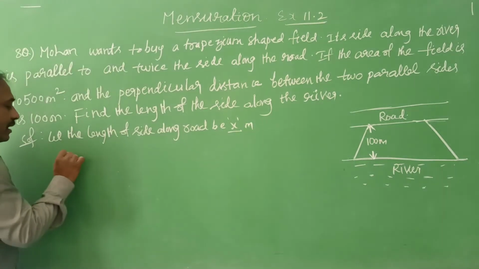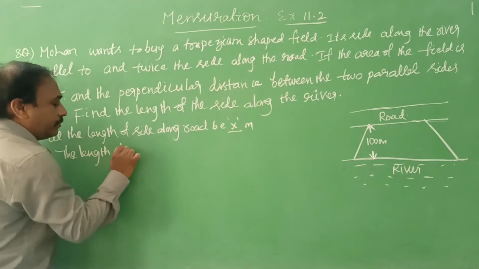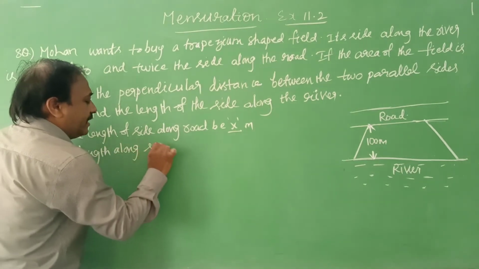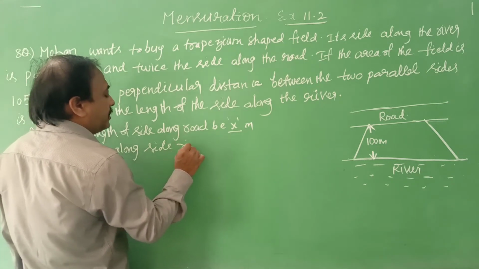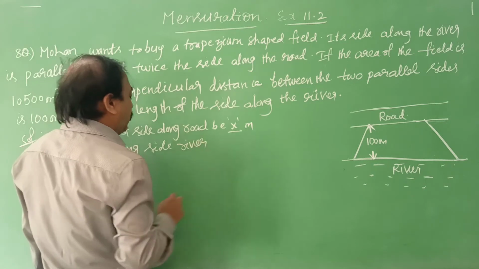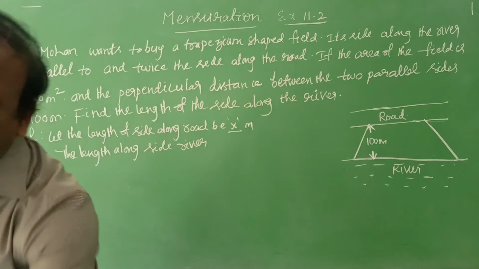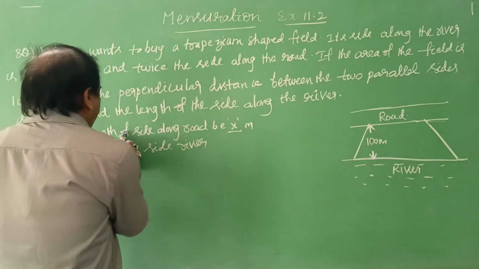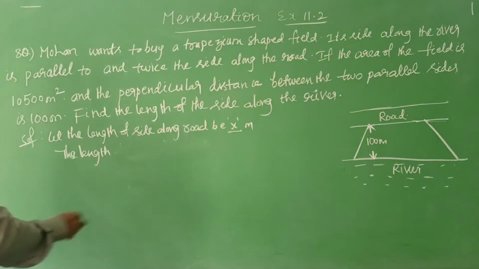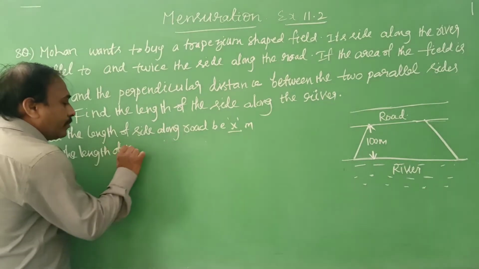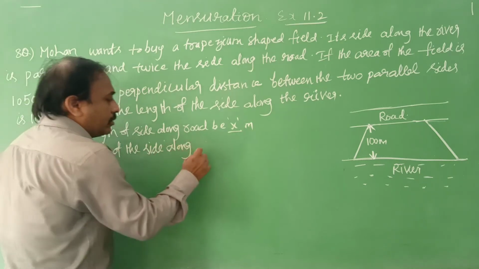Then the length of the side along the river is twice that.